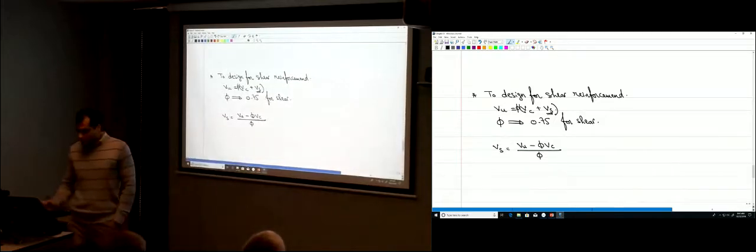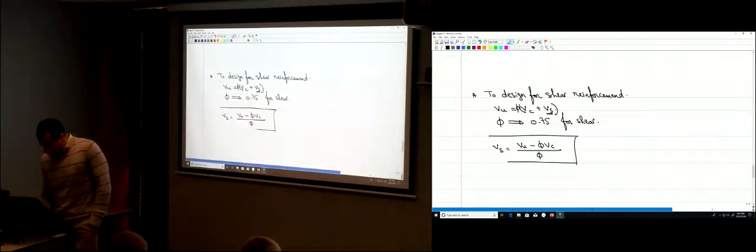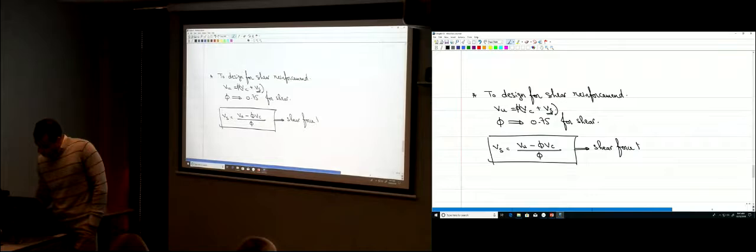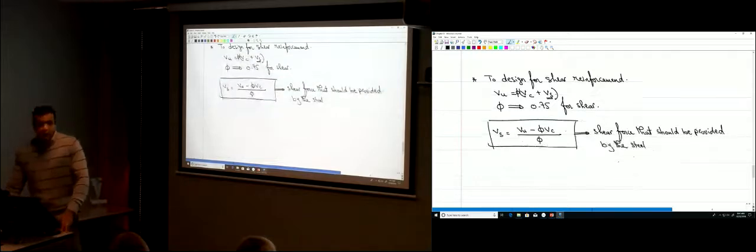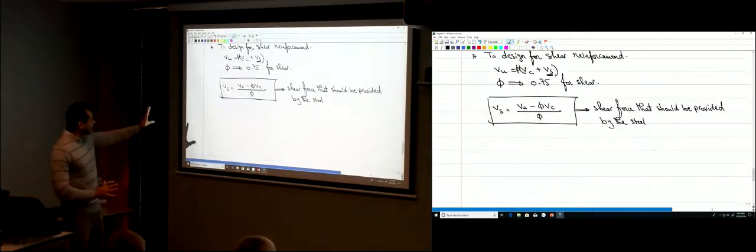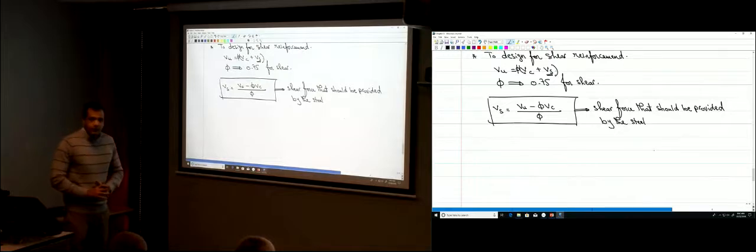So that's the shear force that should be provided by the steel. Okay, so now I know my steel should provide this amount of resistance, okay?